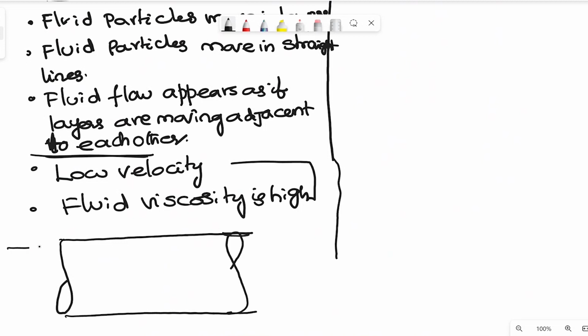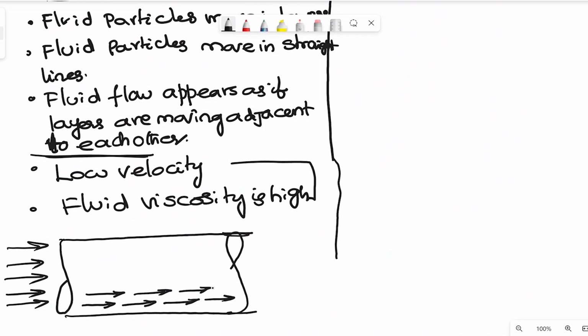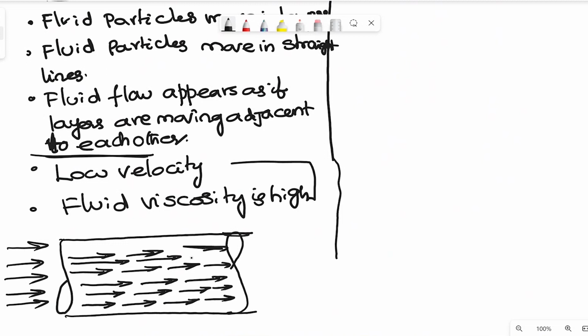If this is a pipe wherein the flow is taking place, and the fluid particles are moving in parallel paths, all in straight lines, so each fluid particle is moving clearly in straight lines, then this is called laminar flow.